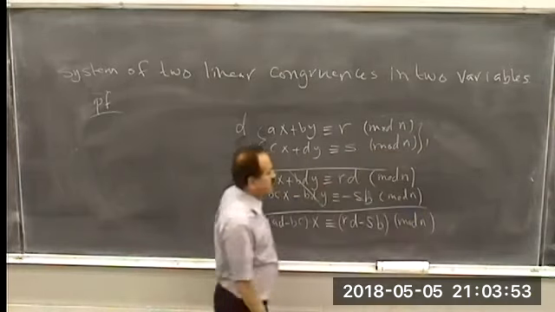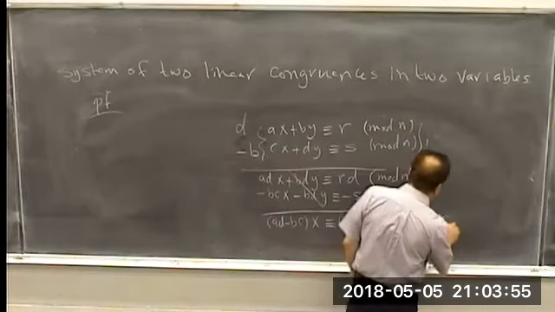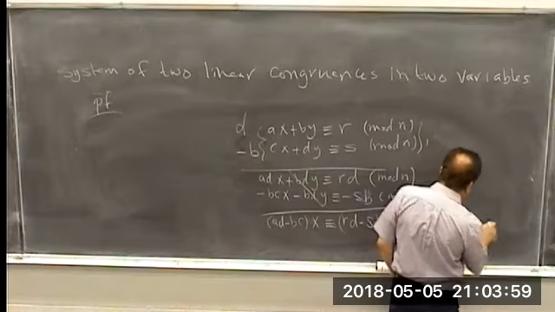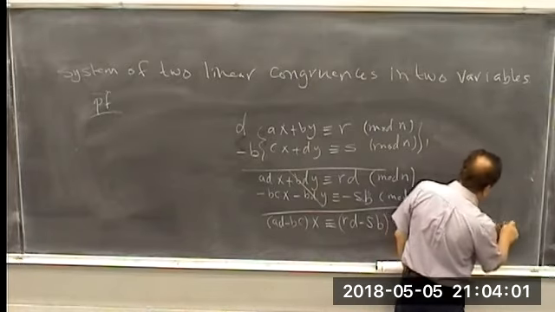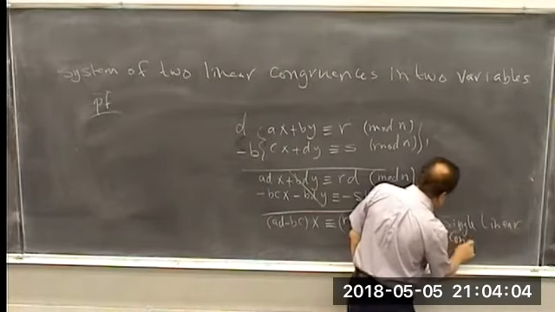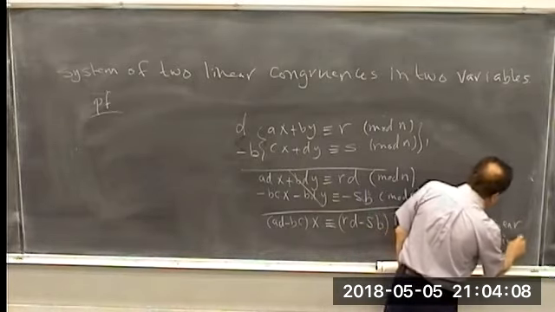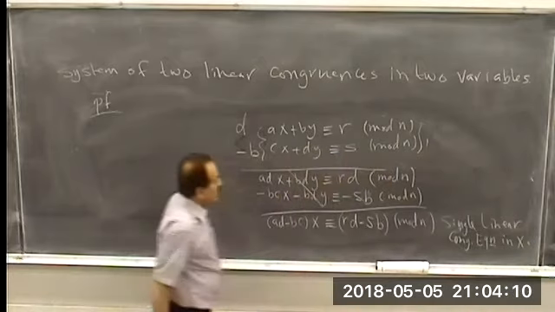So we end up with just a single linear congruence equation in one variable, the variable x.